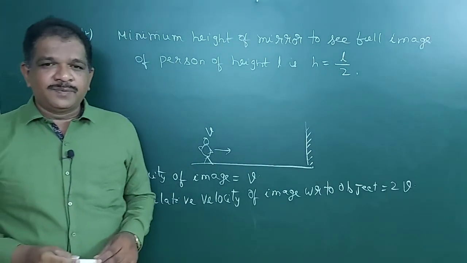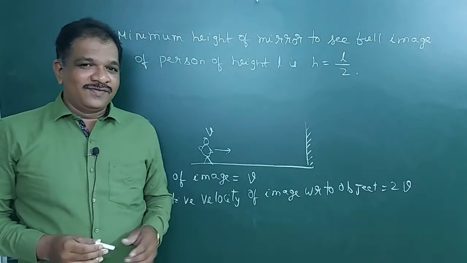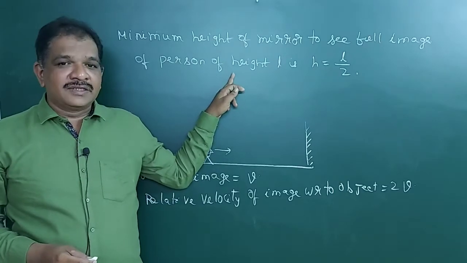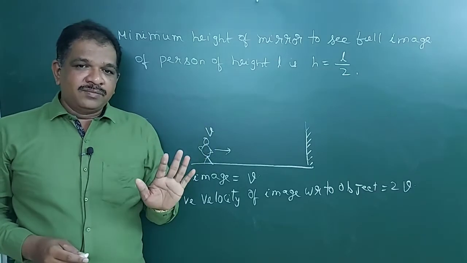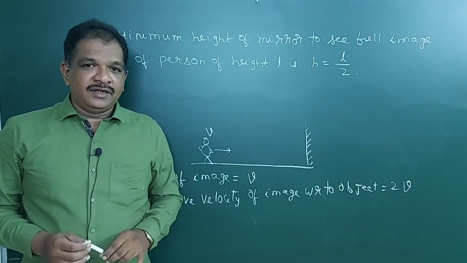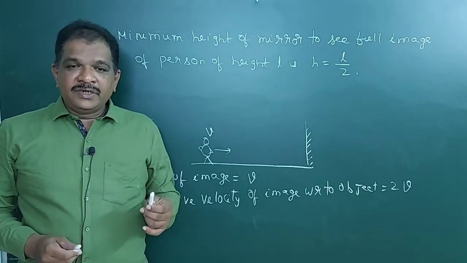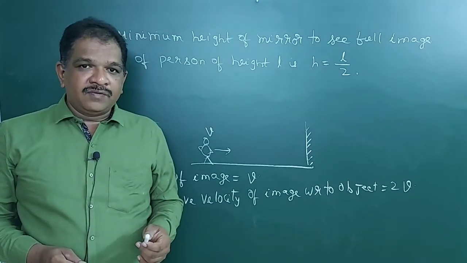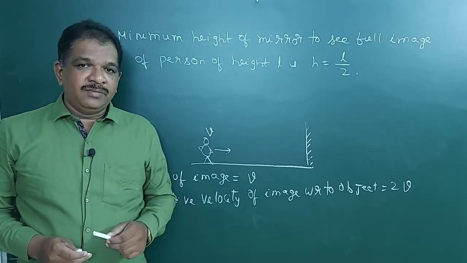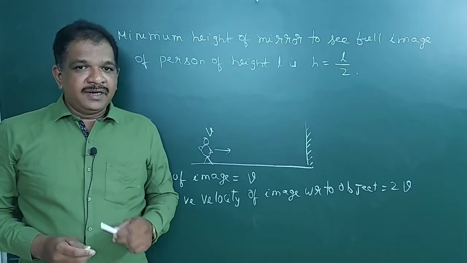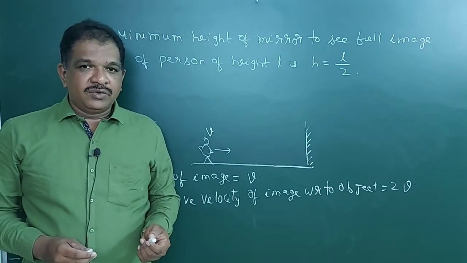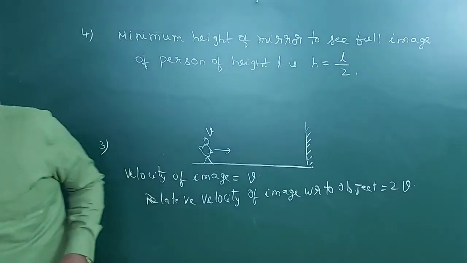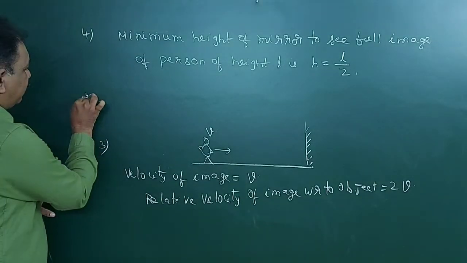For all of these, proofs are there. No need for all of those proofs. Just remember them as formulas. For example, a person is having a height of 6 feet. How much mirror will be required to see his full image? 6 by 2, that will be equal to 3 feet.